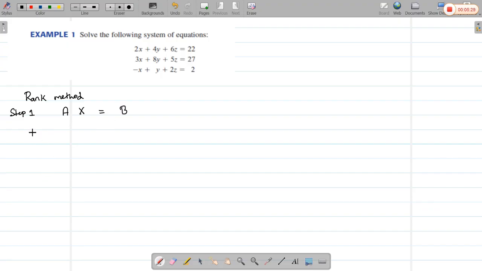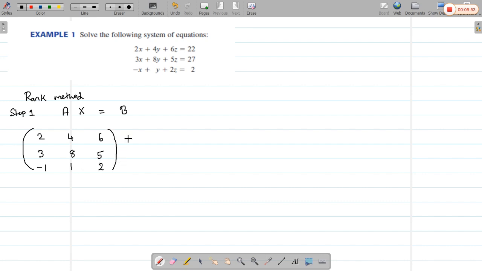So what is A? The coefficient matrix of the variables. From the first equation, the coefficients of x, y, z are 2, 4, 6. The second equation, 3, 8, 5. The third equation, minus 1, 1, 2.